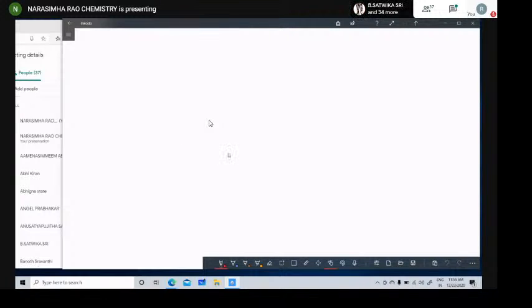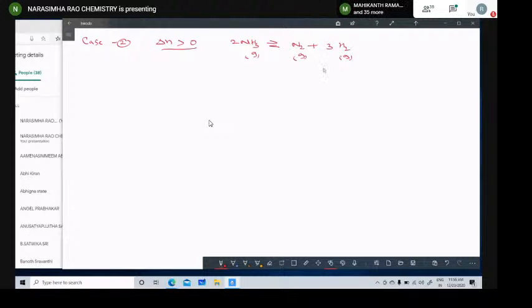Right. Now let me discuss case 2: delta n is greater than 0. Let me take one more example for this: 2NH3 is in equilibrium with N2 + 3H2, gaseous, gaseous, gaseous.